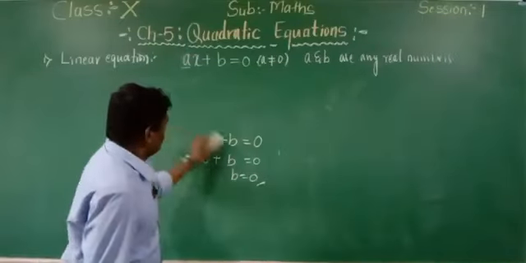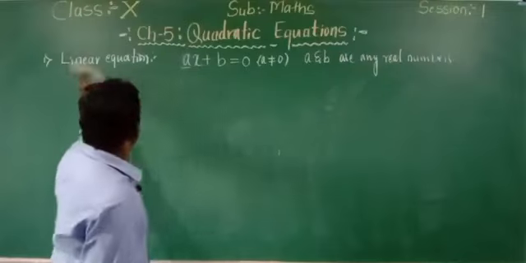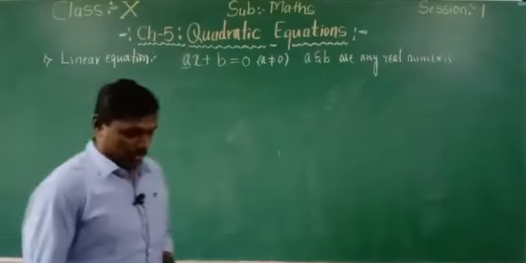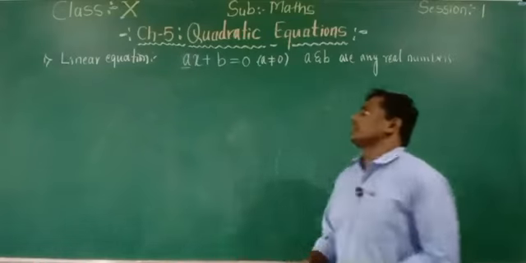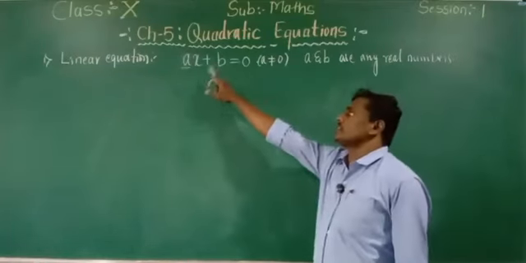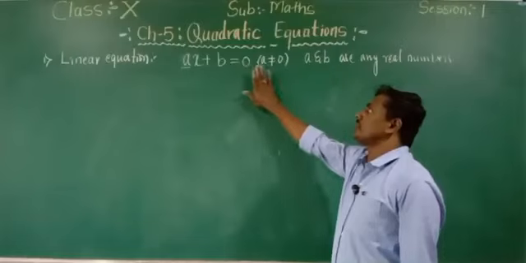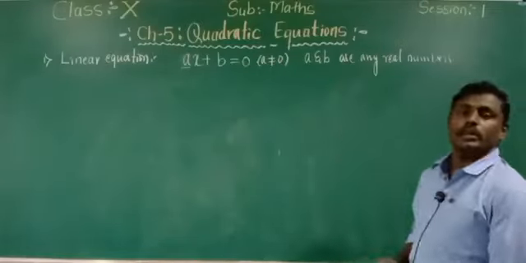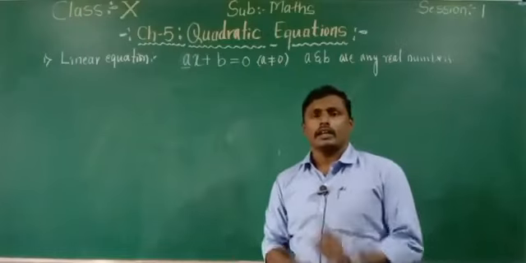Next one. So this is the linear equation, the first type of equation. The standard form of the linear equation is ax plus b is equal to 0, where a is not equal to 0 and a and b are any real numbers.